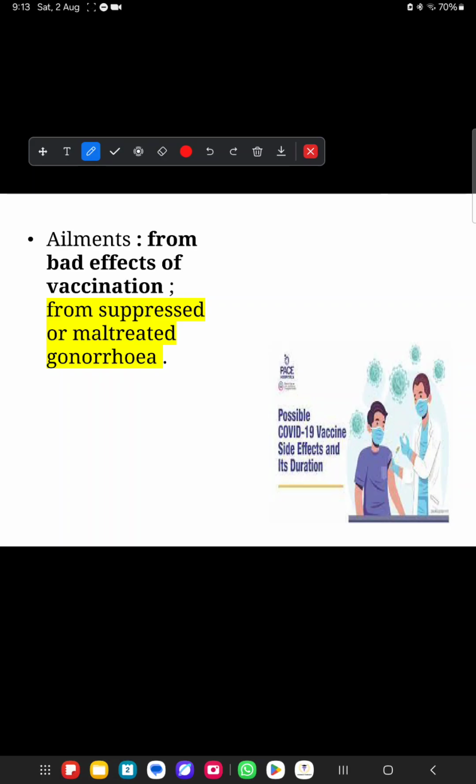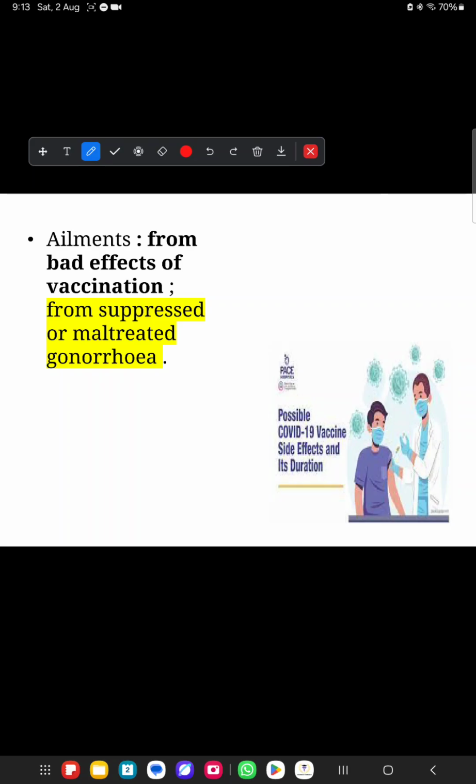After that I took Thuja 1M, 3 doses, and the swelling subsided and I got cured. There is no swelling still. So if a patient is suffering from any problem after taking a vaccine, with an adverse reaction, we can think about Thuja.